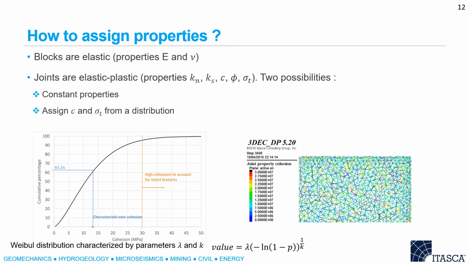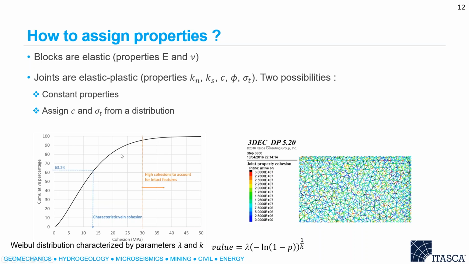Then concerning the contacts between the blocks of the bonded block model, we can either use constant properties, but it is more realistic to use a distribution of properties for the strengths. So we can perfectly do this with 3DEC.